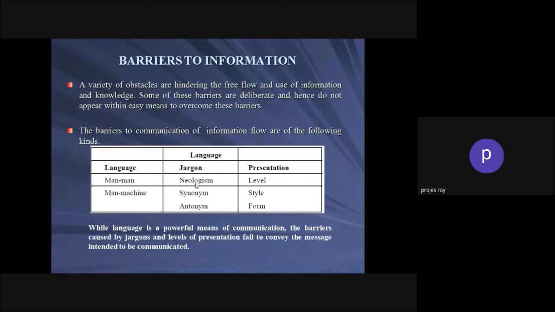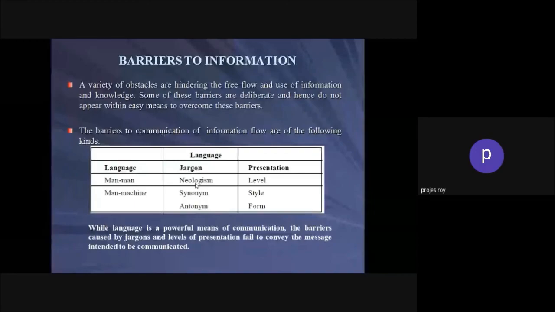Man to man: suppose you are giving some information in Chinese to me, I cannot understand. So I need to understand your language. So I need to have a proper level. And man to machine: suppose you are asking the computer, okay, computer, get a printout of that page. The computer understands bits, 01, 01, 02, 01 kind of thing.